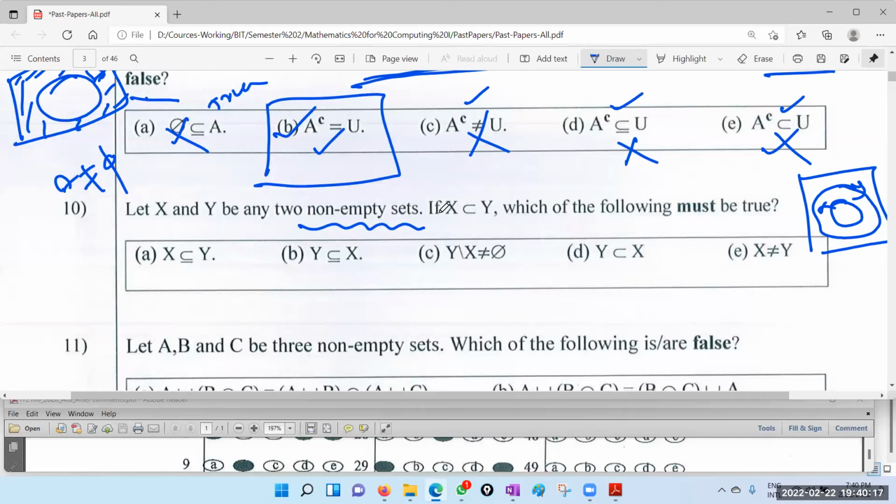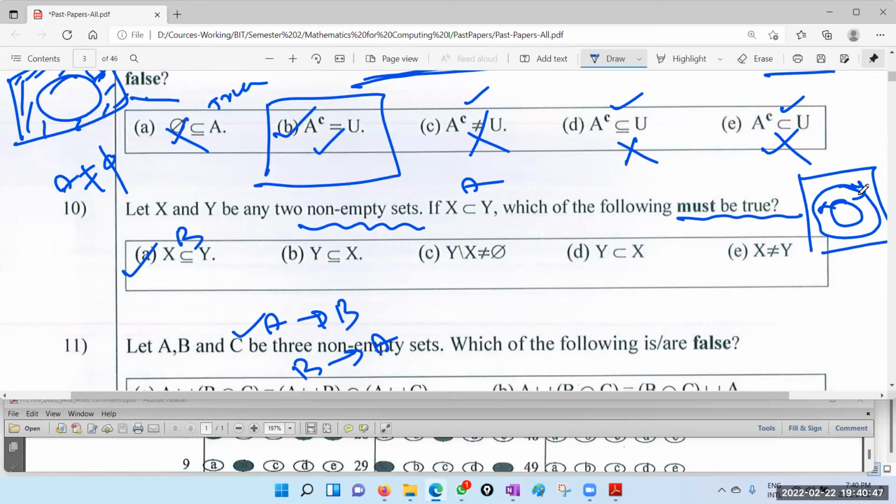Whenever this happens, this happens, but not the other way around. If I say this is my A and this is my B, A implies B, but we cannot say that B implies A. So this must be true.